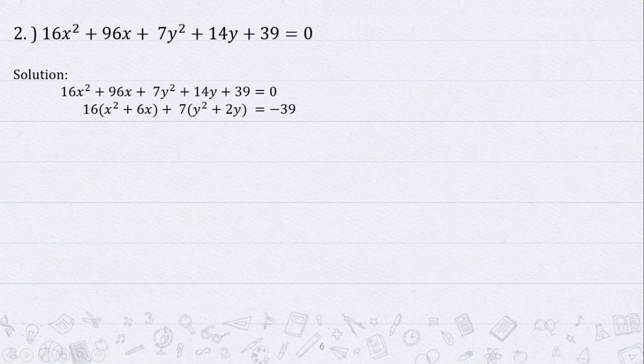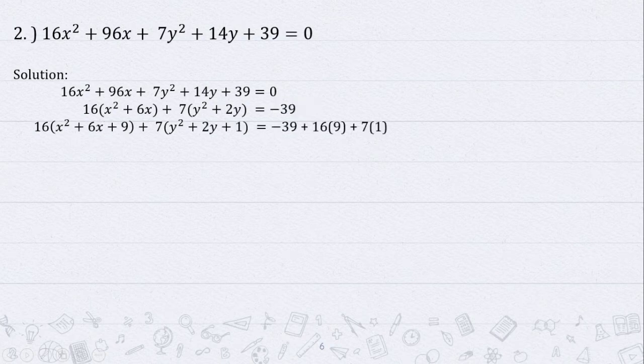Since 16 is common in our first group, we will be factoring it out, so what's left inside the parenthesis is x squared plus 96 divided by 16, which is 6x. For our second group, we have here the common factor of 7, so what's left inside the parenthesis is y squared plus 14 divided by 7, which is 2. And since we transposed 39 on the other side, it became negative 39.